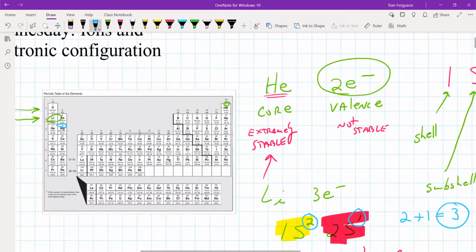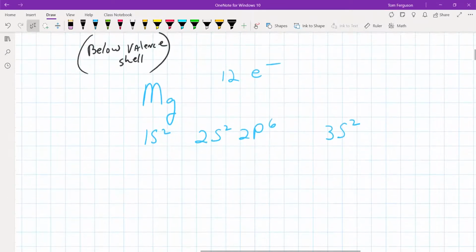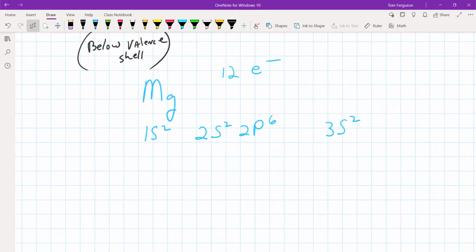So let's look at this. What do we have here? That would be the valence shell because it's the highest. And that means these guys are core.